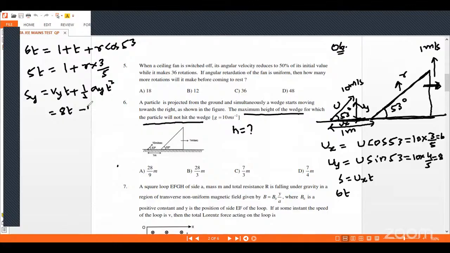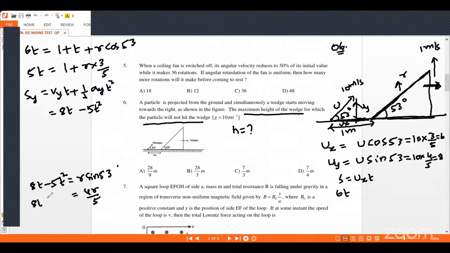So 8t minus 5t square equals, since the initial velocity is 0 along the vertical component, r into sin 53, which we can write as 4r by 5.